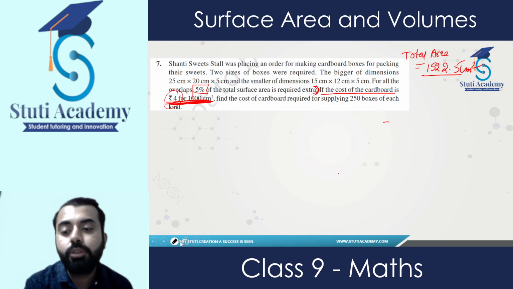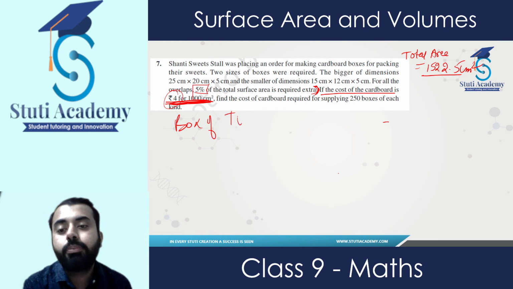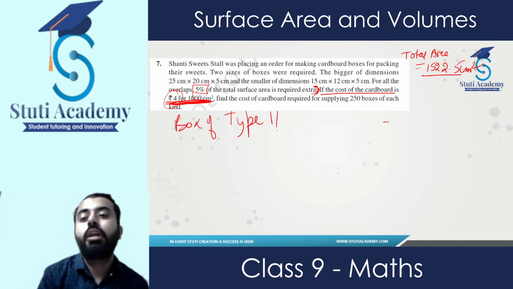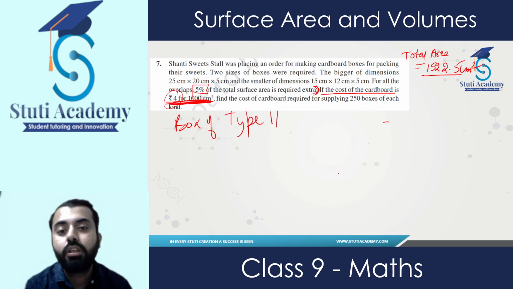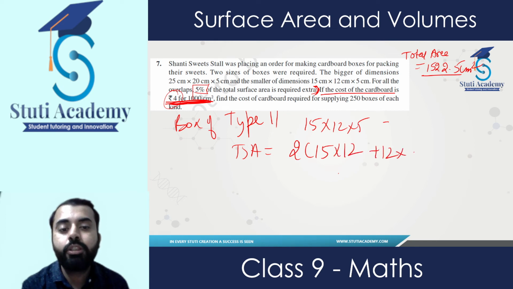Now box of type 2. If this is the case, now you guys see this. Its dimensions are 15 into 12 into 5. The surface area will be what? 2 into 12 plus 12 into 5 plus 5 into 15.